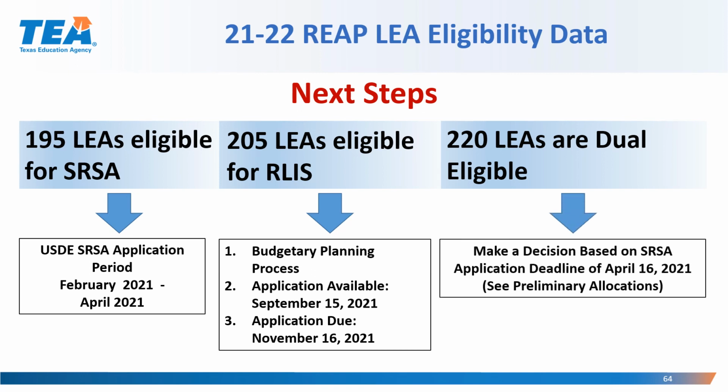Now for the 220 LEAs who are dual eligible, they make a decision based on the SRSA application deadline, which was April 16, 2021. Again, if they were eligible for SRSA, they had to have applied by April 16th, and have had an amount that is greater than 0. Otherwise, if they're dual eligible, they can still apply for RLIS funds.